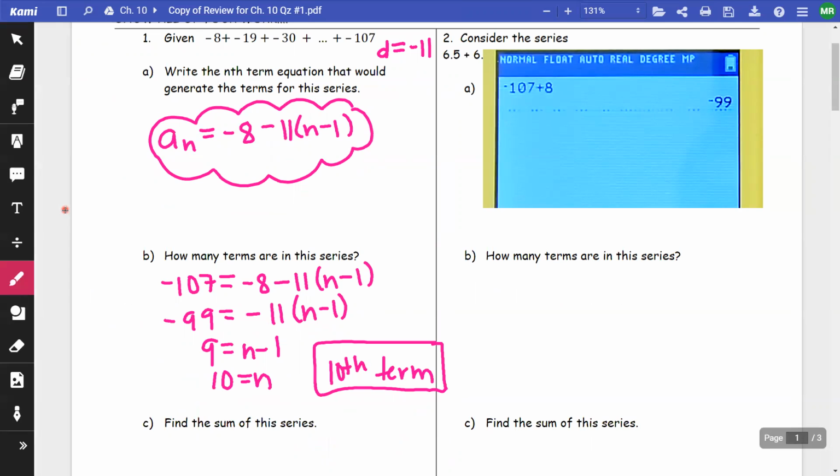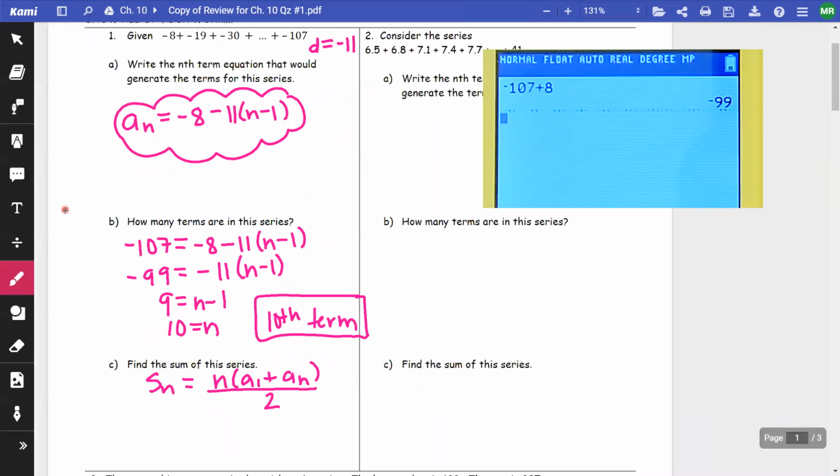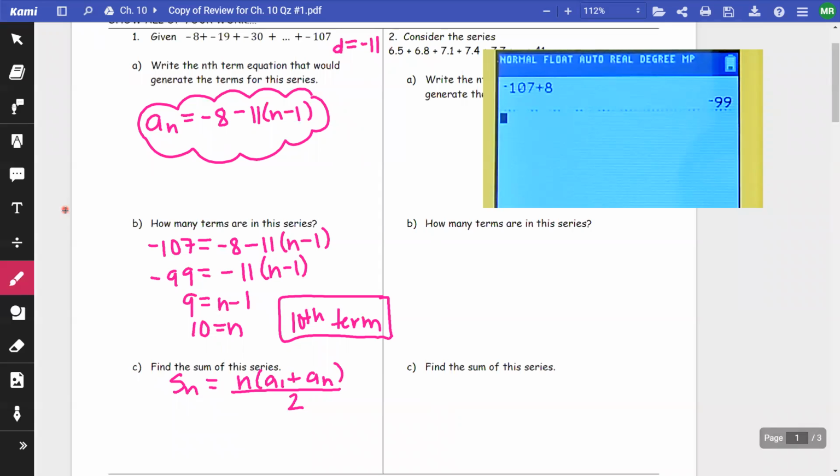So now to find the sum, I'm going to do S sub n is equal to n times my first term plus my last term, divided by 2. For us, I want S sub 10. We have 10 terms. My first term is -8, and I'm going to add -107, divided by 2.